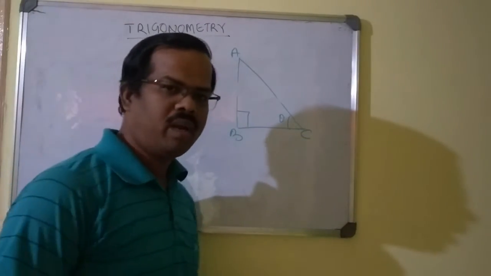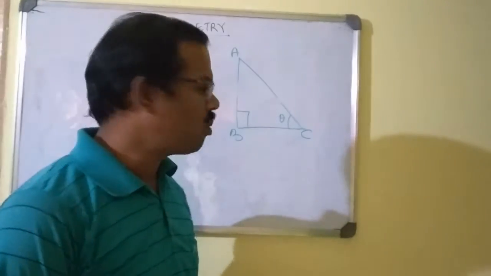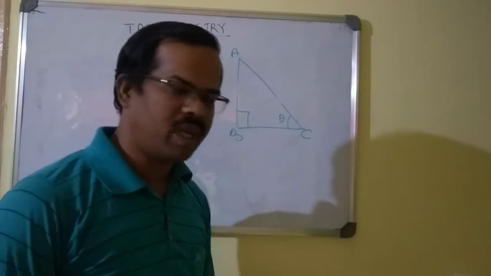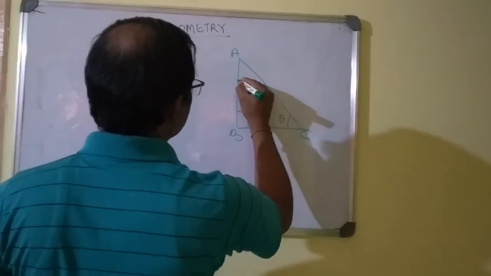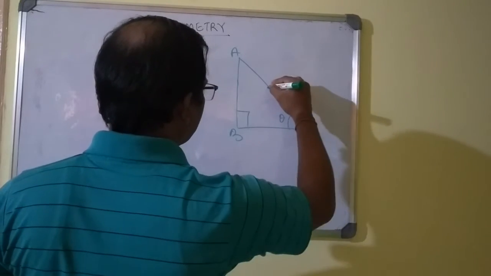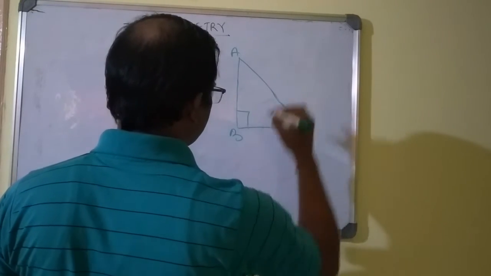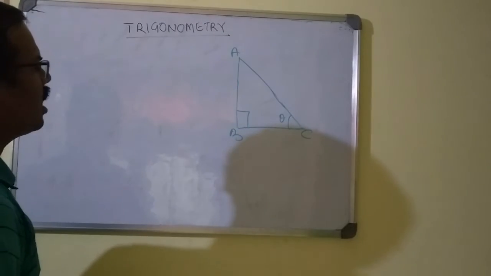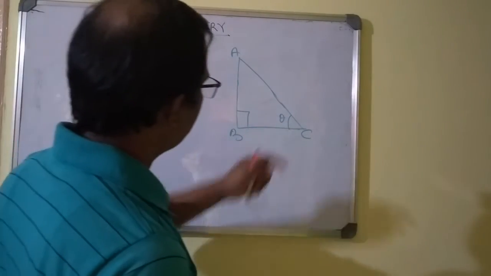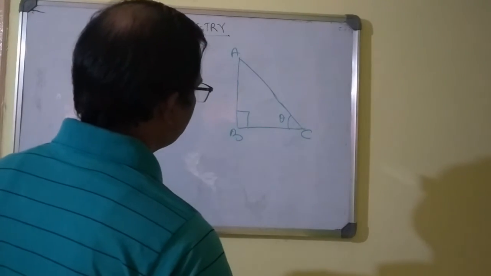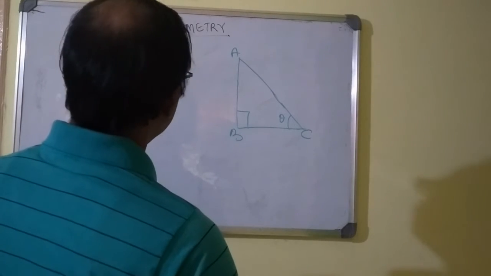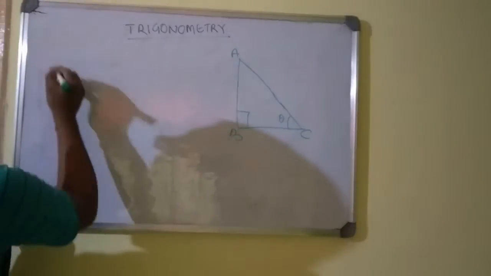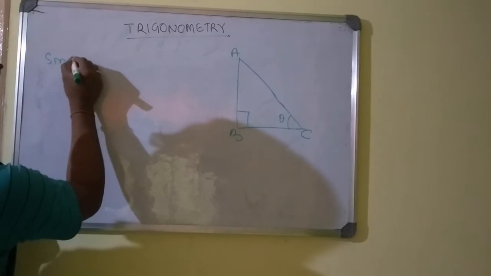Okay, we will move ahead and I will tell you another type of problem that comes and how to solve that. So again we are in the right angle triangle. ABC is the right angle triangle and B is the right angle, and our angle of inference is C. Sometimes you will be given only sin theta.